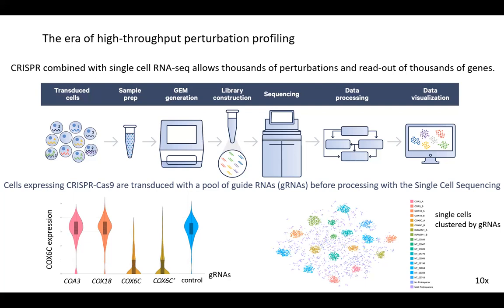So there were 2 guide RNAs for COX6C and a control. And then they look at the COX6C expression in these single cells. And what you see is that only the single cells that have this guide RNA for COX6C, you see the COX6C expression go down. So in principle, it seems to work.